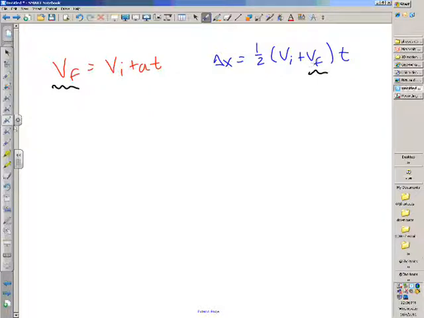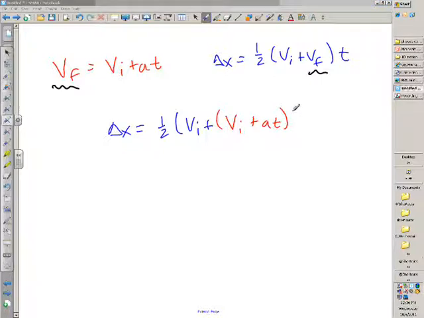So I'm going to take this expression and substitute it in here. Okay? All right, so let's go here. Delta x is equal to 1/2 times VI plus, and then I'm going to substitute this whole expression in here, VI plus AT, and multiply that all by T. Good so far?